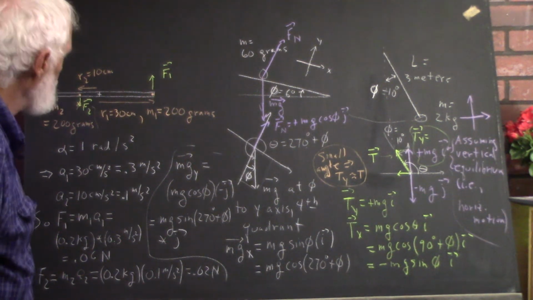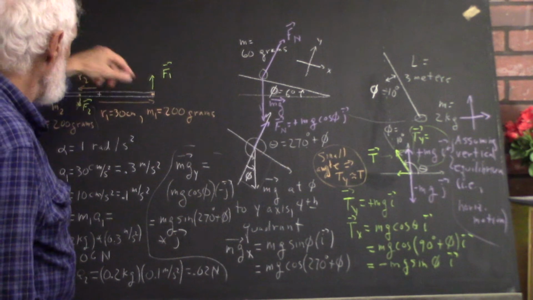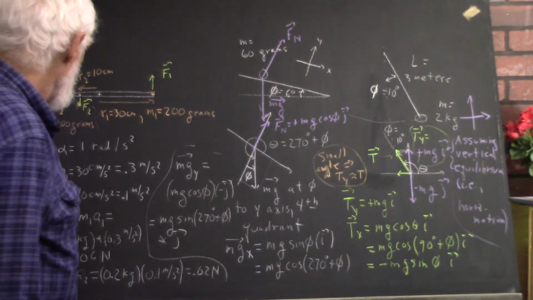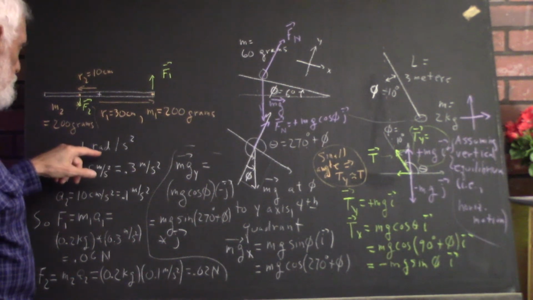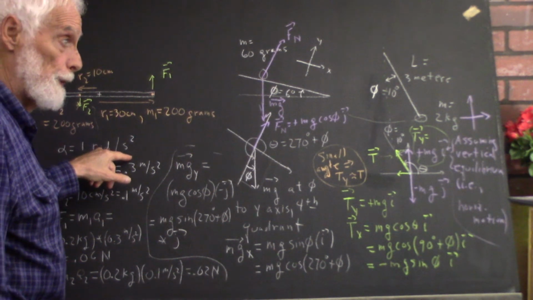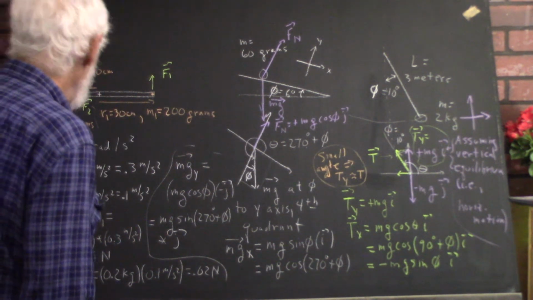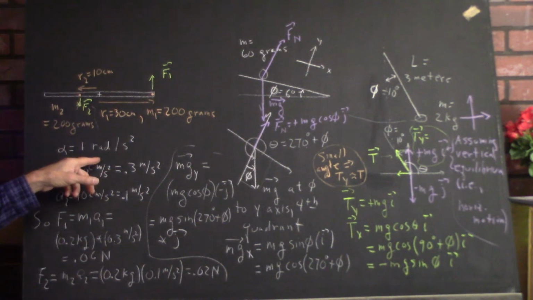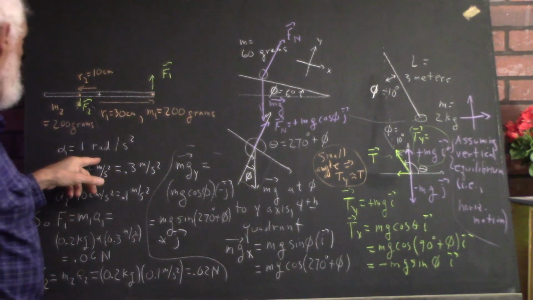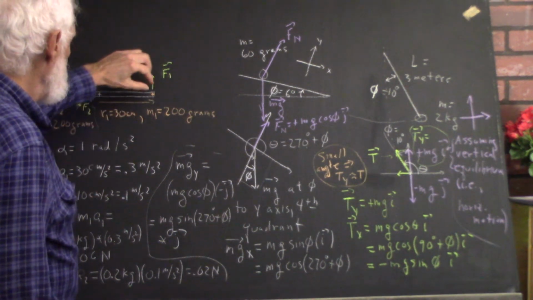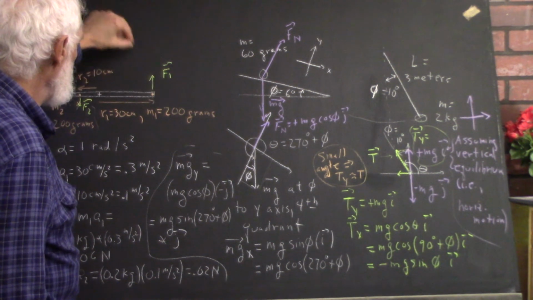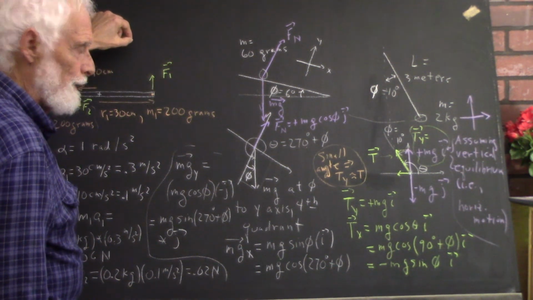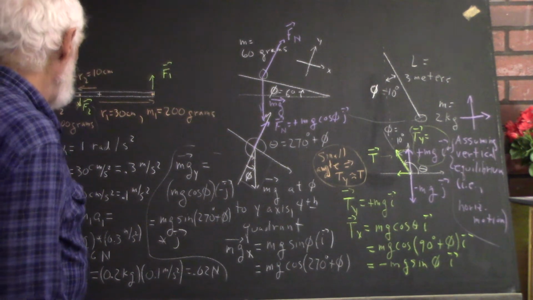The question is, how much force does it take to accelerate each of these masses if the beam is accelerating with an angular acceleration of 1 radian per second squared? Now, we are familiar with the fact that a radian of angular displacement is equivalent to a displacement along the arc of magnitude equal to the radius.